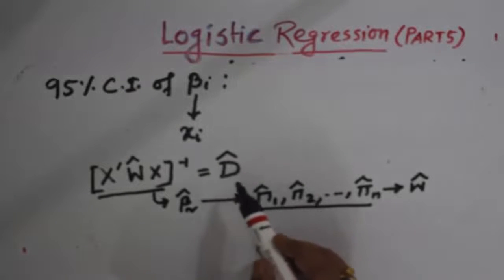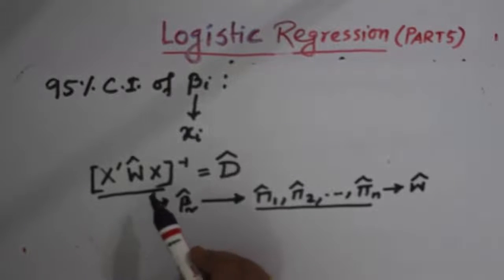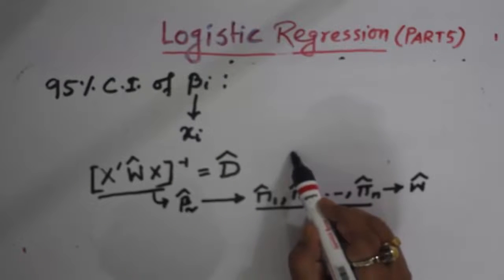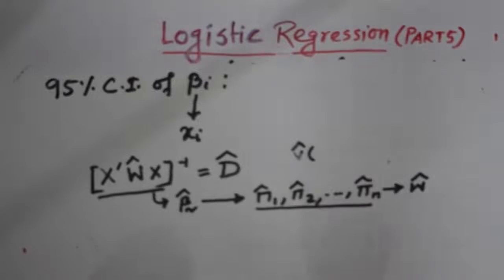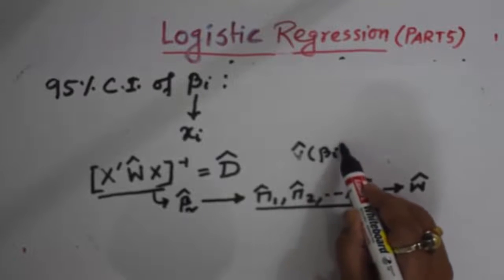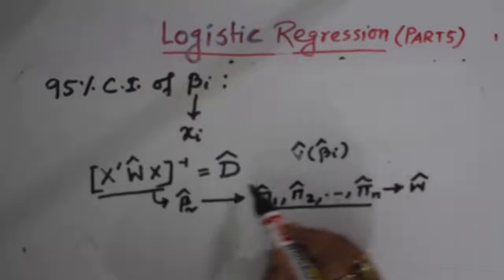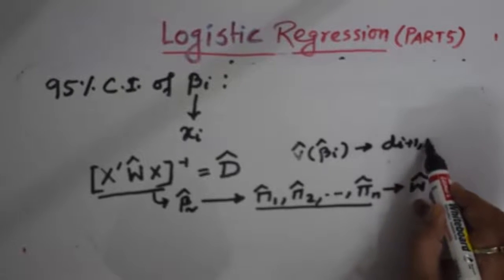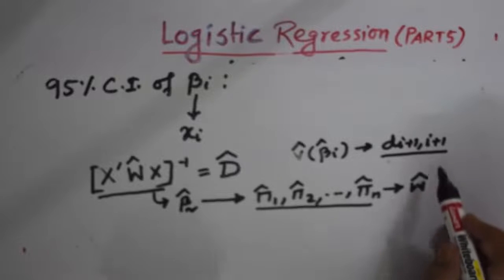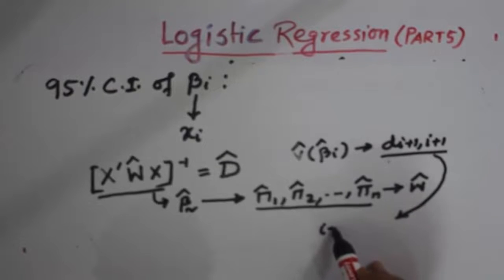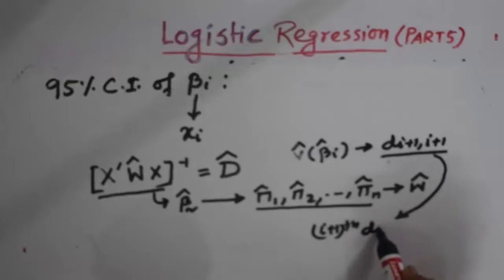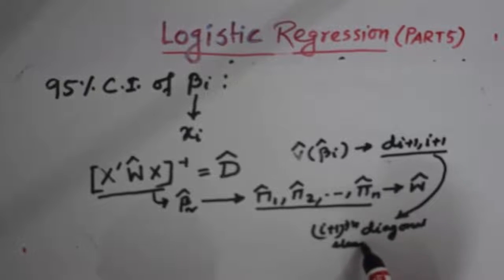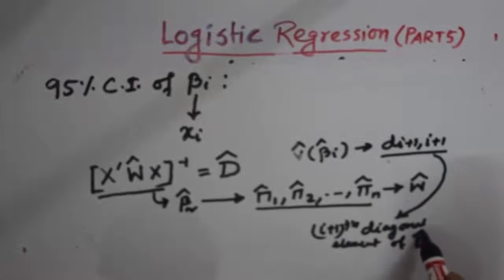Since we include beta naught, the estimated variance of beta i hat is d(i+1)(i+1), which is the (i+1)th diagonal element of D hat.